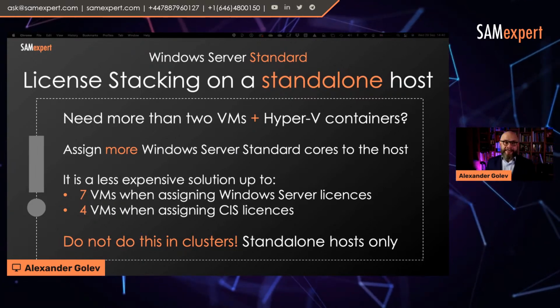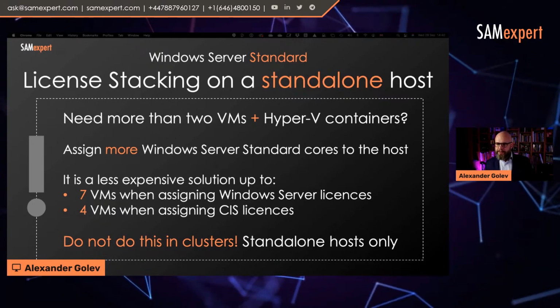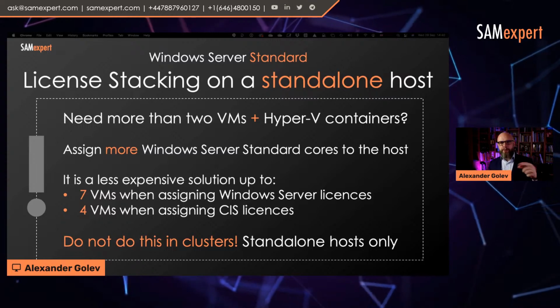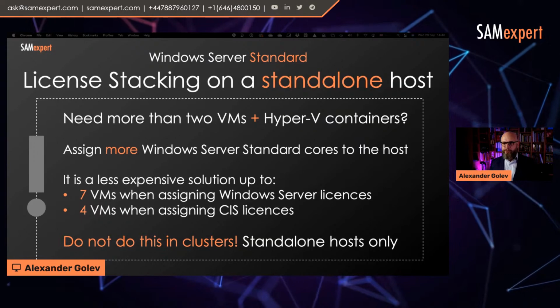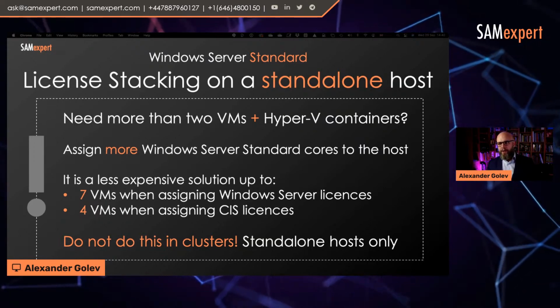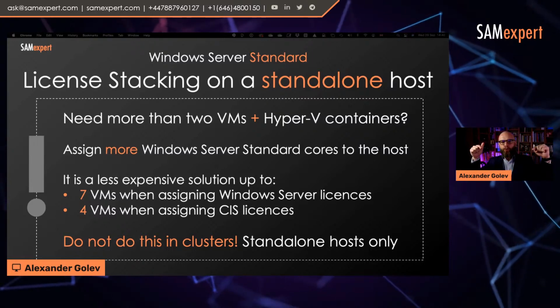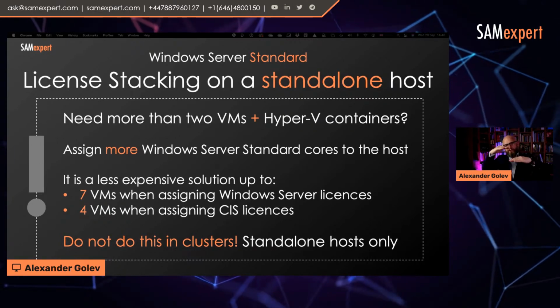People license with standard licenses because the difference was pretty big, so it does make sense. It's a less expensive solution to stack licenses like this. I have a video about stacking as well. It makes sense to do it when you have less than 7 virtual machines on a single host, or less than 4 VMs when you assign Core Infrastructure Suite licenses, which I'll talk about later, because the threshold is different.